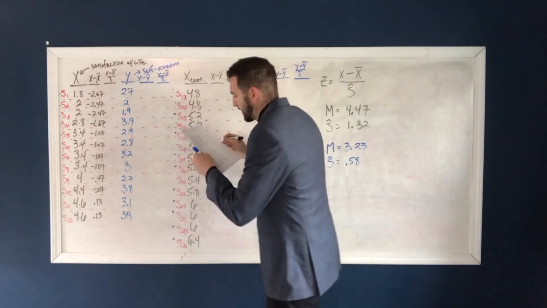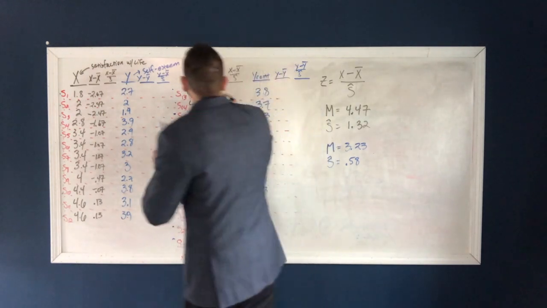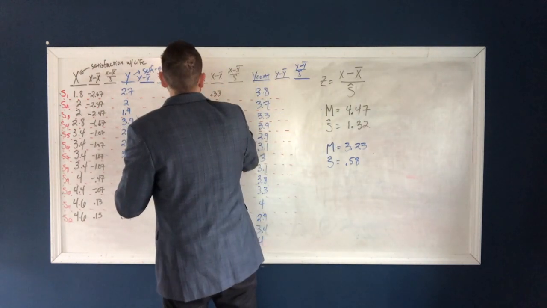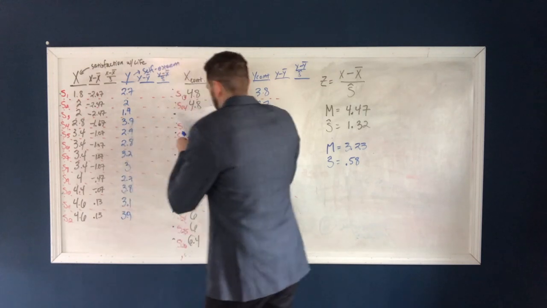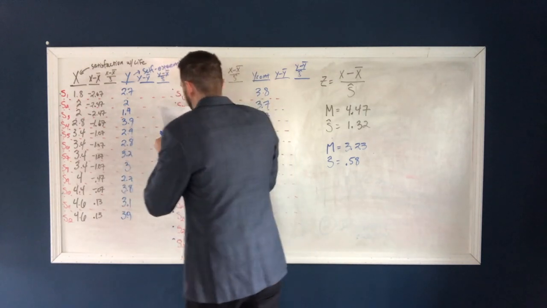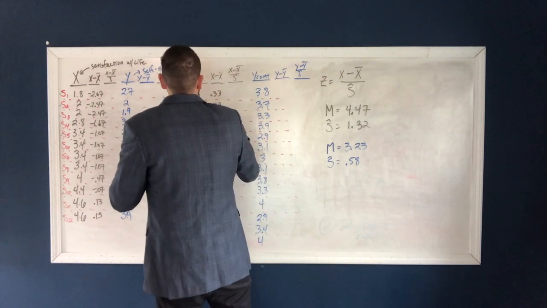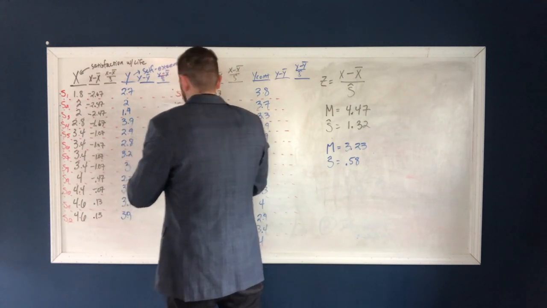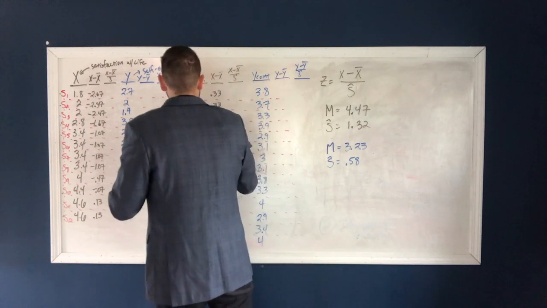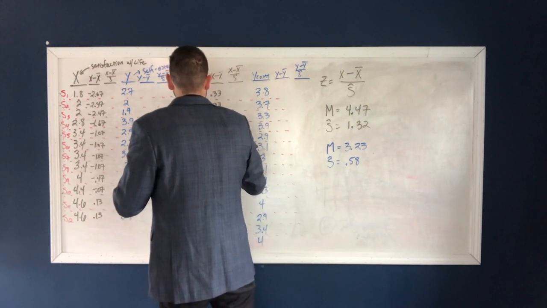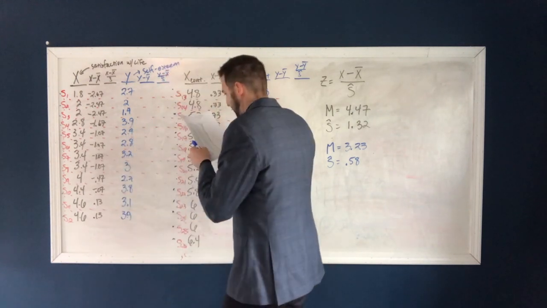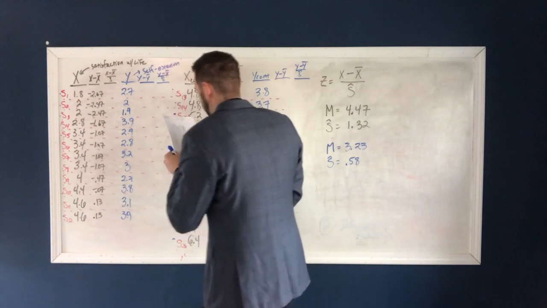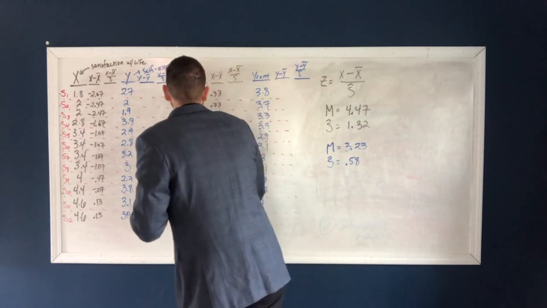Okay, 4.8 minus 4.47 is 0.33. 5.2 minus 4.47 is 0.73. There's a bunch of those. Oh, we're still there.